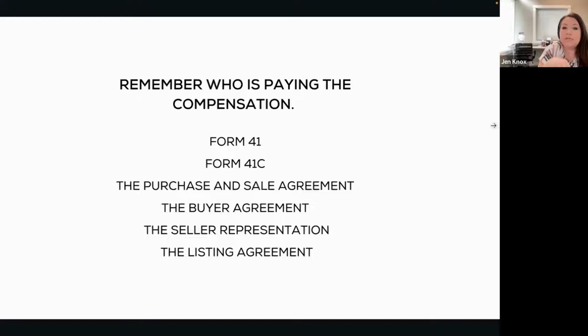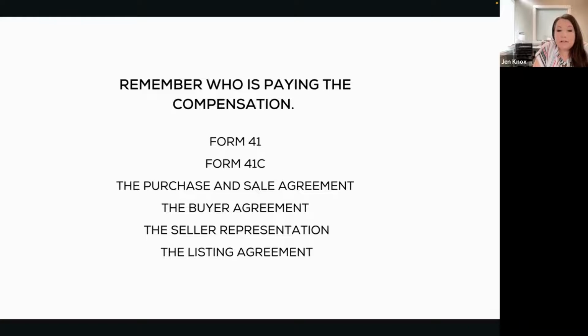When we look at these, we need to remember who is paying. And in order to do that, we need to reference the following forms. We're going to reference Form 41 if we have a buyer agreement. We're going to look at a 41C to make sure that everything matches what the purchase and sale agreement says. We're going to look at the purchase and sale agreement itself and make sure that it matches the listing, what the buyer and seller have agreed to.